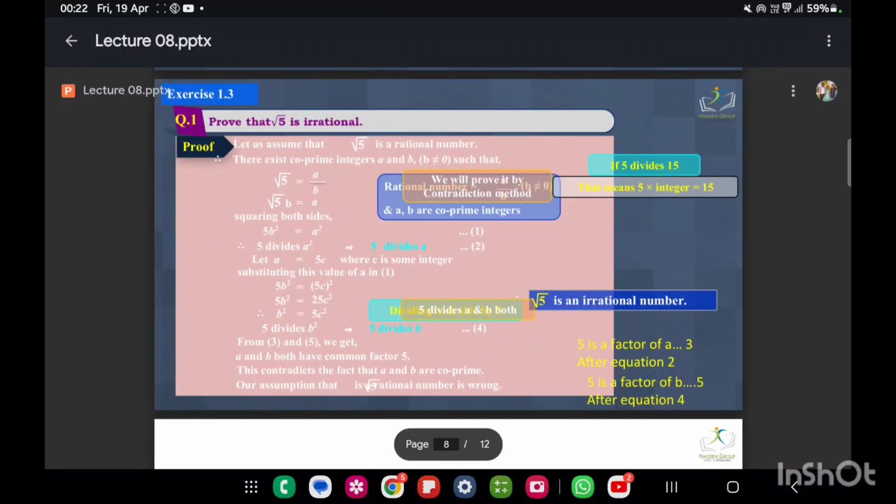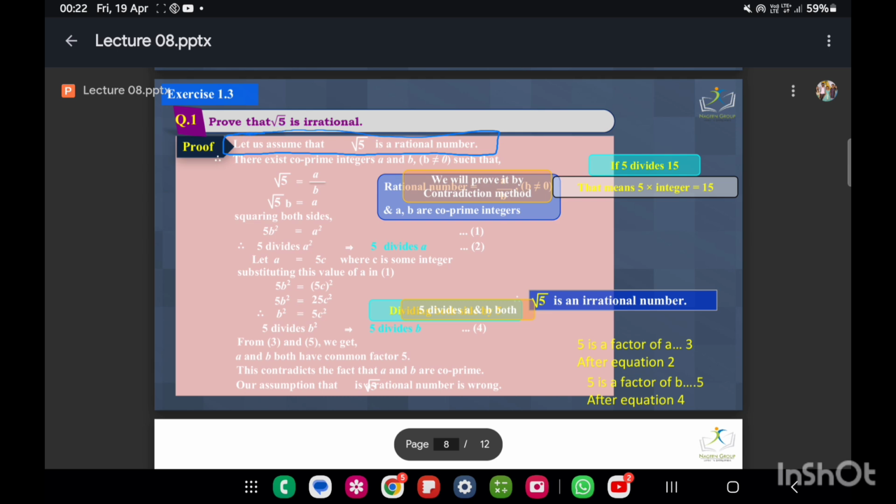Hi dear students, today we are going to prove another problem. Prove that root 5 is irrational. The first step is that we have to assume that root 5 is rational. This is the beginning step we have to write.